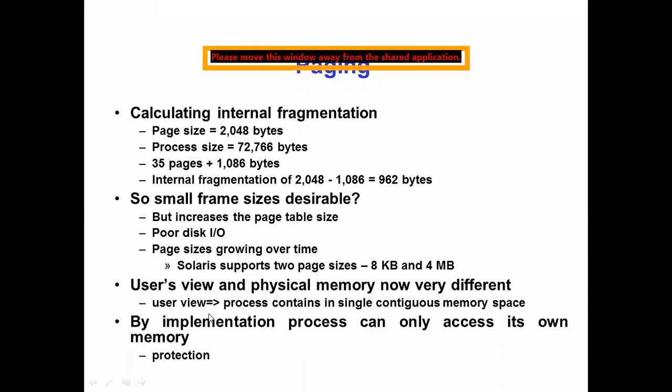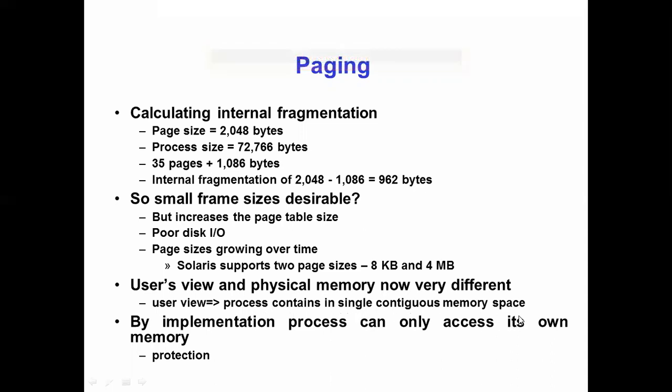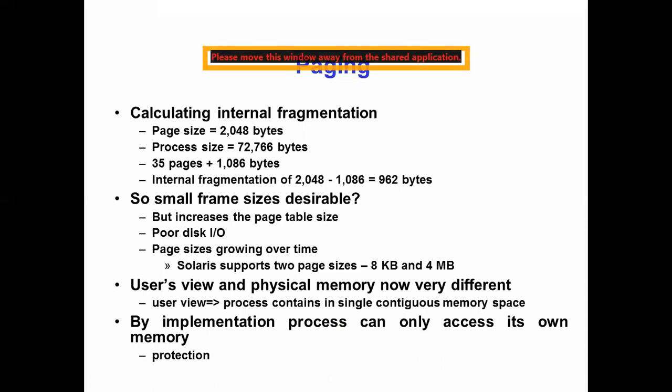They are very different. User view: the process is contained in a single contiguous memory space. So the user who is using the operating system will feel, from his point of view, that the process is contained in a single contiguous memory space. You will not know how many pages are occupied by your program or process.